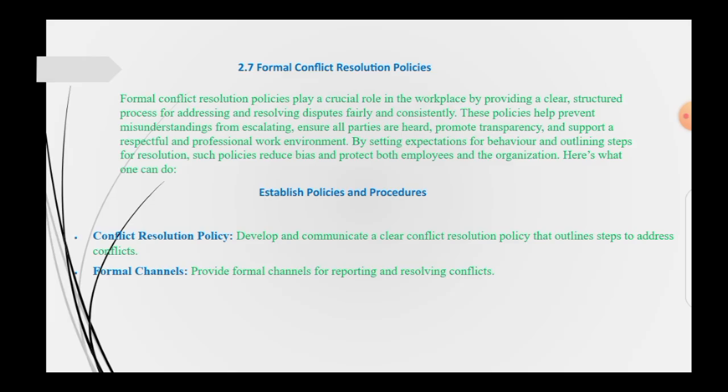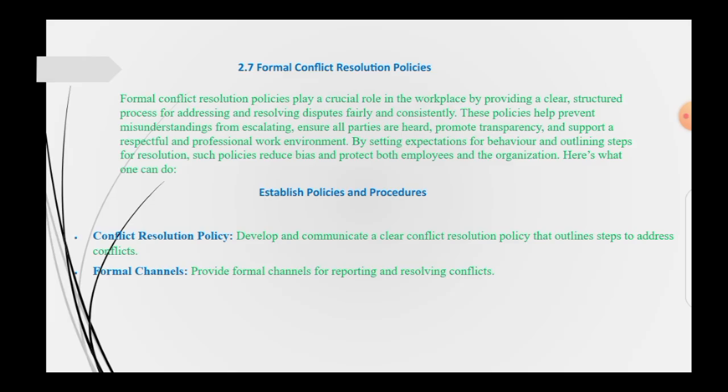A well-defined conflict resolution policy ensures that all employees are aware of the process, understand their rights and responsibilities, and feel confident that their concerns will be handled impartially.